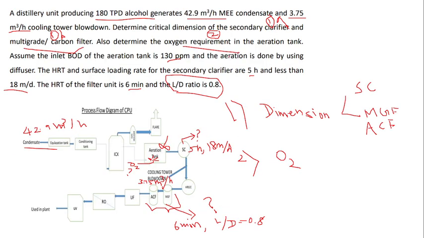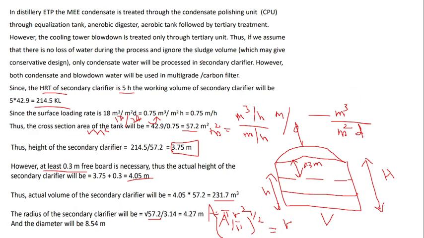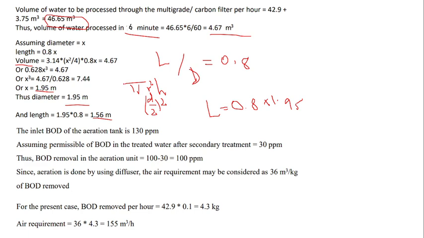The second part is to obtain the amount of oxygen required in this aeration tank. For this, we have the data that the inlet BOD of the aeration tank is 130 ppm.